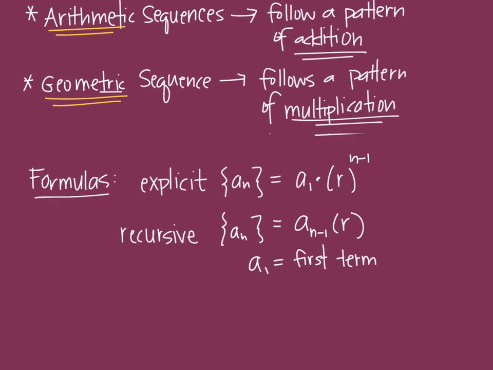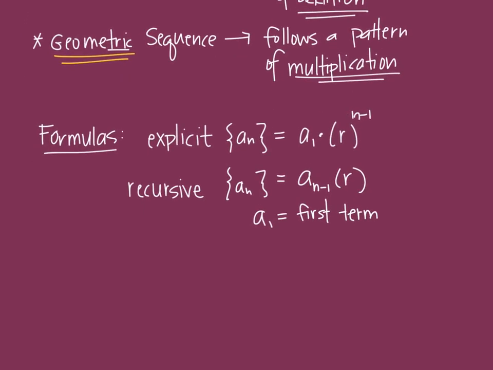All right, so what does R stand for? Yesterday, we had the letter D. D stood for difference. And it was the difference between arithmetic terms. And so it was always consistent. Every term had the same difference between them.